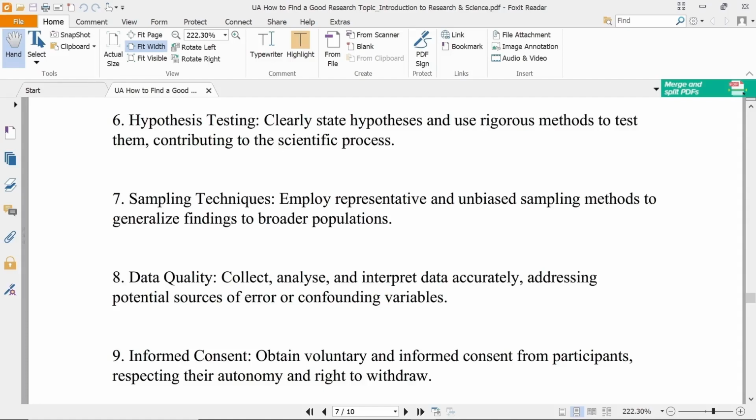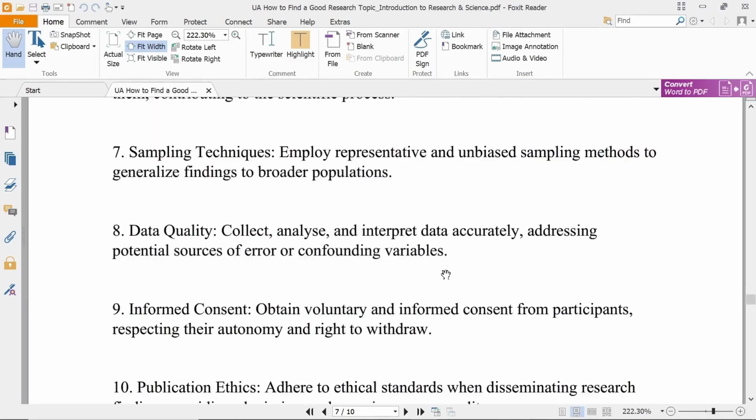Data quality: collect, analyze, and interpret data accurately, and address potential sources of error or confounding variables. I'll talk about that later on in detail. Informed consent. This is part of ethical consideration.